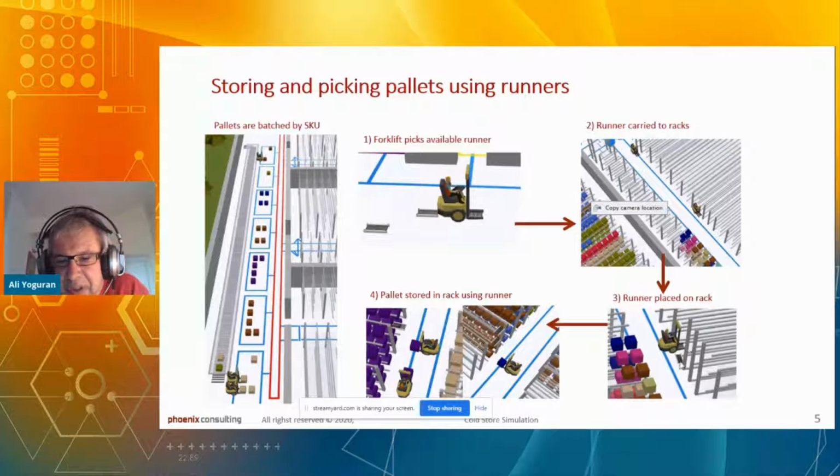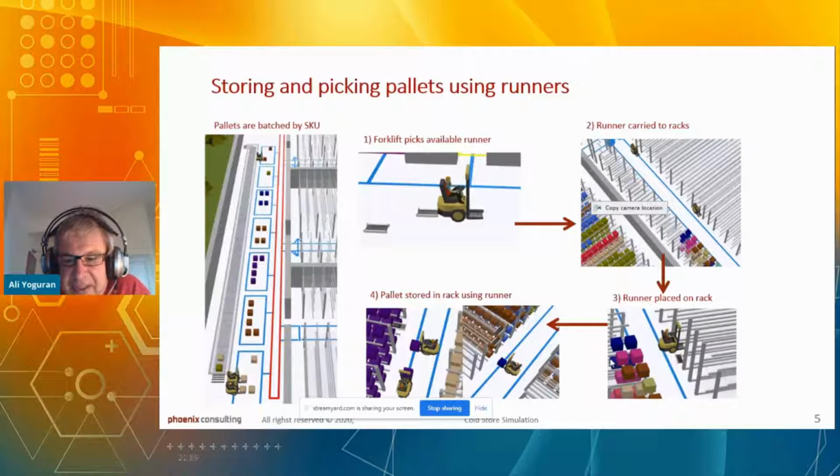So when you want to store a pallet in this rack, you just put it here, and the forklift can go away. It doesn't have to wait. The runner does the rest of the work. It just moves the pallet along the rack and comes back. This enables us to free up the forklift to do some other tasks.